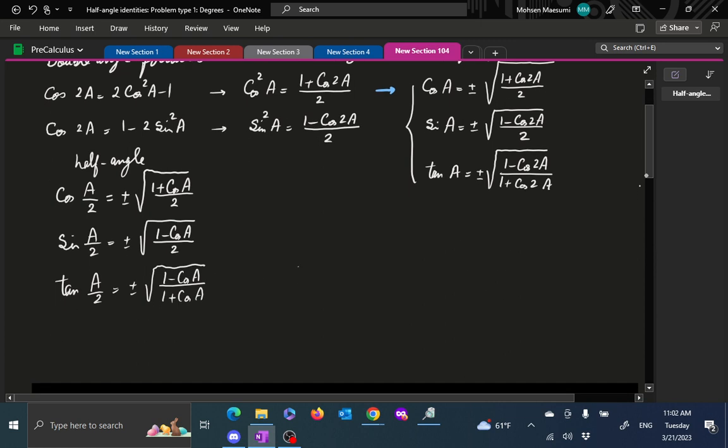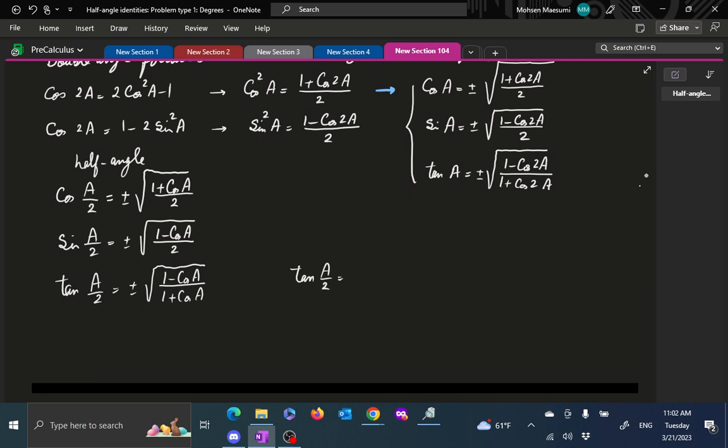Say, for example, if you have tangent of a over 2, well, of course that is sine of a over 2 over cosine of a over 2.